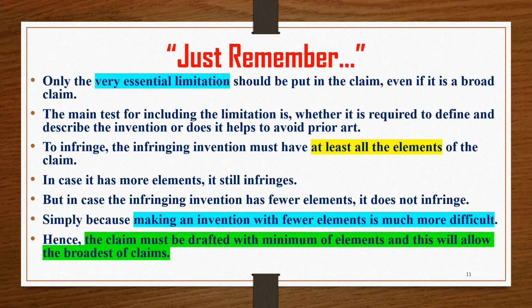Now, some more points. Only the very essential limitations should be put in the claim, even if it is a broad claim. So just remember this. The next point is, the main test for including a limitation is whether it is required to define and describe the invention, or whether it helps to avoid prior art.